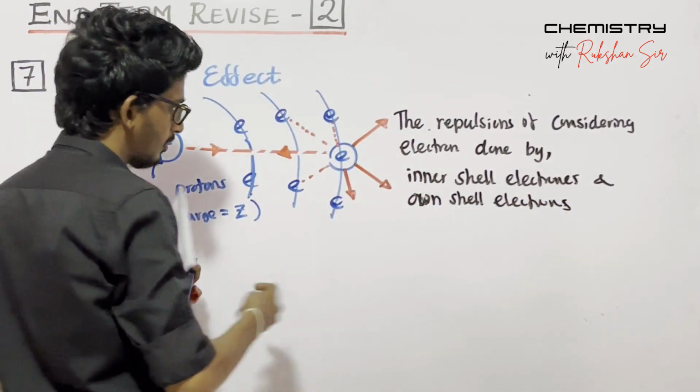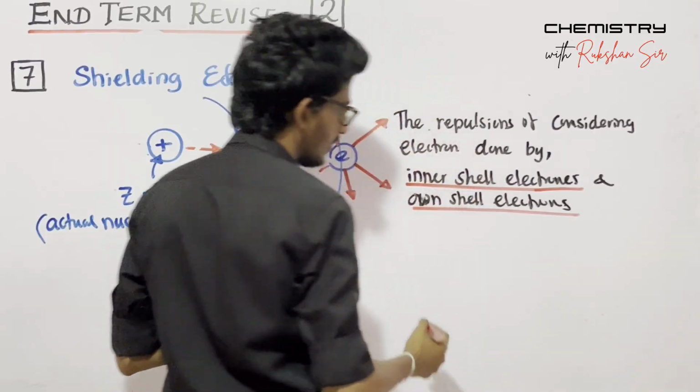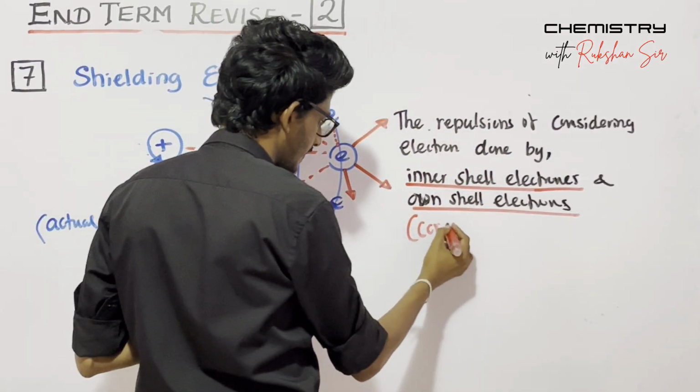These two kinds are referred to as core electrons.